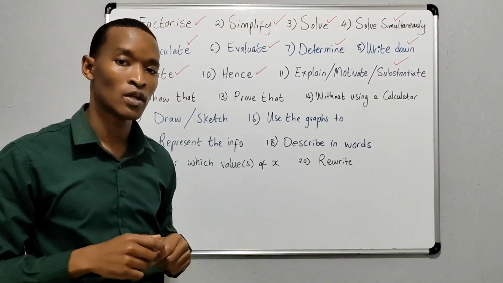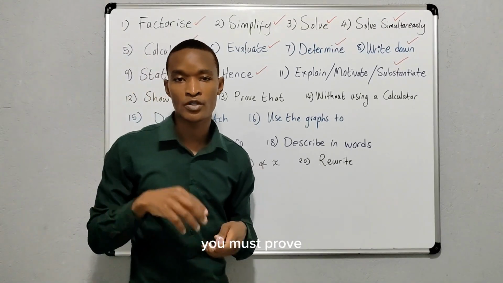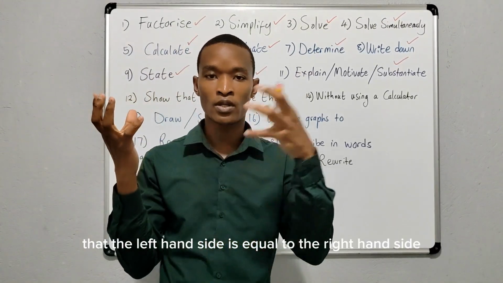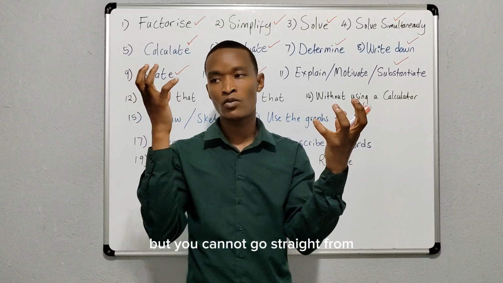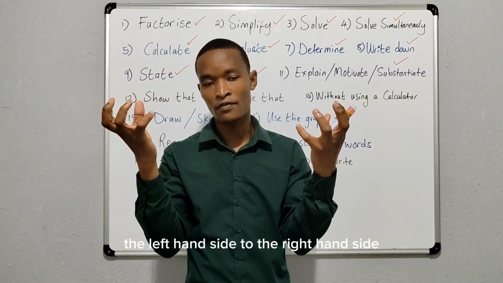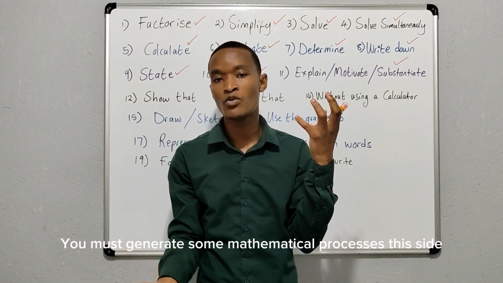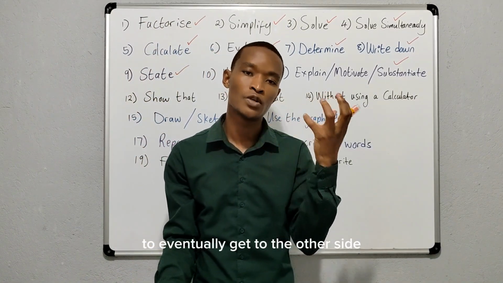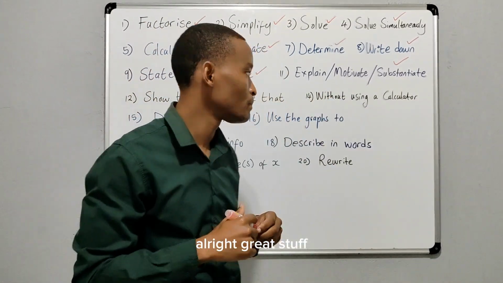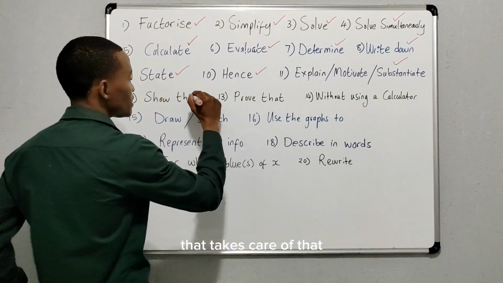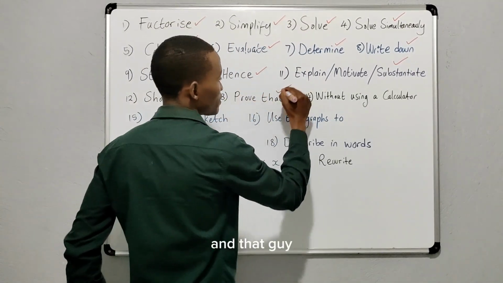For example, in identities, right, you must prove that the left-hand side is equal to the right-hand side. But you cannot go straight from the left-hand side to the right-hand side. You must generate some mathematical processes this side to eventually get to the other side. All right, great stuff. That takes care of that and that guy.